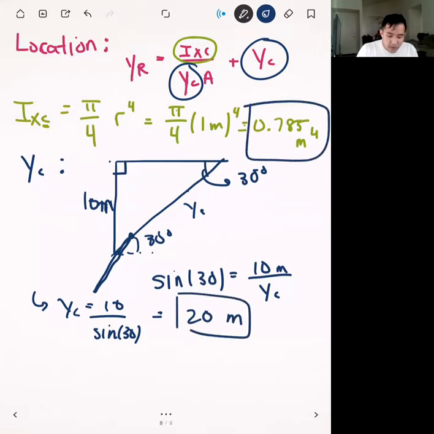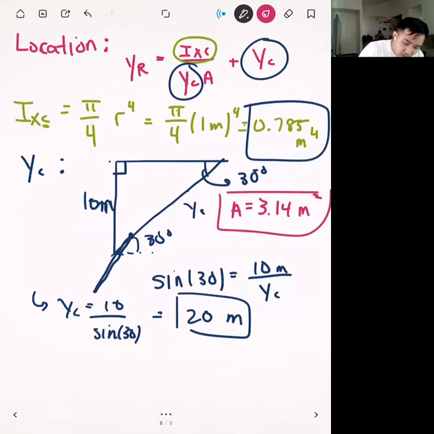And so let's plug all that in, and also remembering that A from the previous one, actually I don't know if we ever actually computed it, it's just pi divided by 4 times 4. So it's going to be 3.14159 meters squared. So let's go ahead and plug all these into this formula.